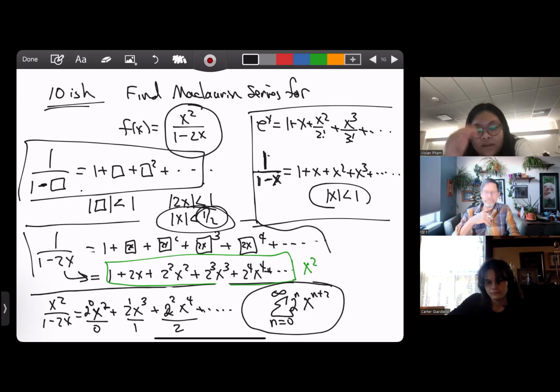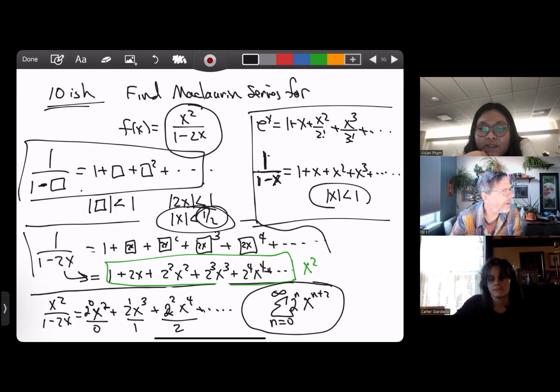And then on the second half, it asks for very, very large values of x. I'm not seeing that. Where on problem 10? Yeah, there's the first half, and then there's a second half. Yes, I see now. Oh shoot.